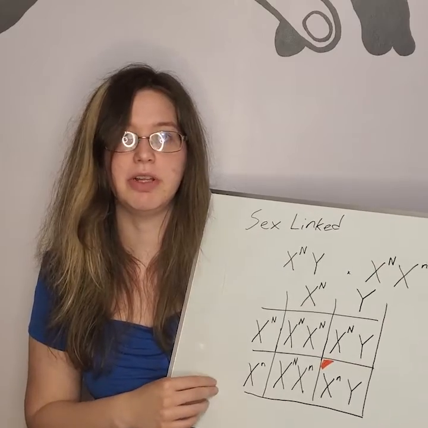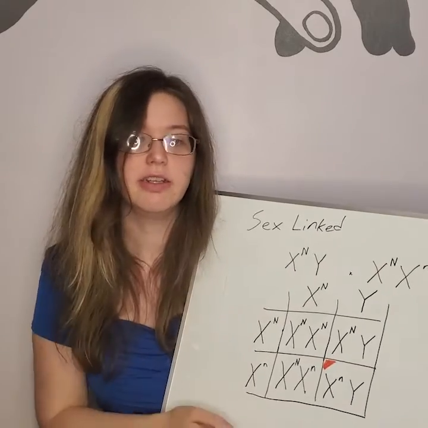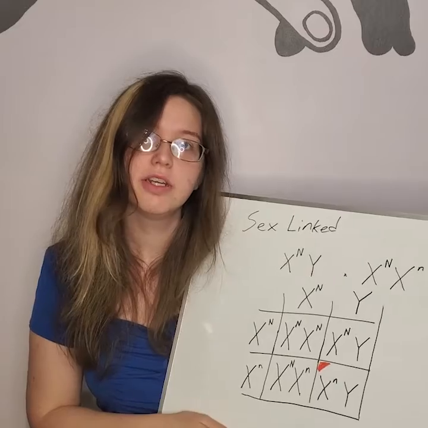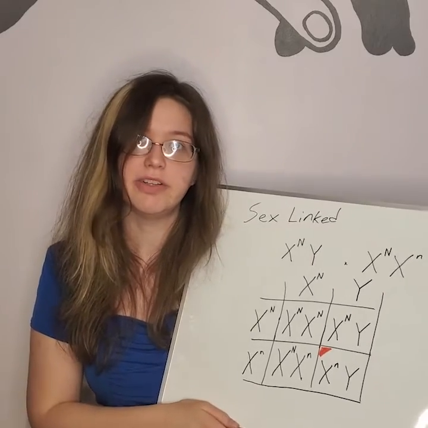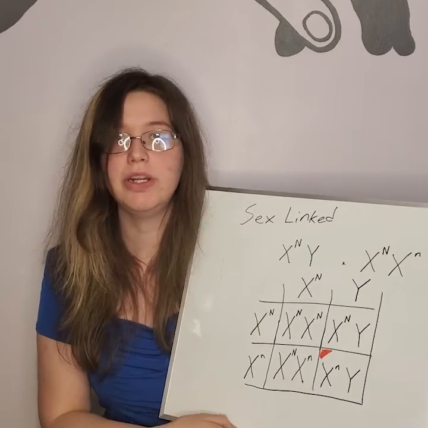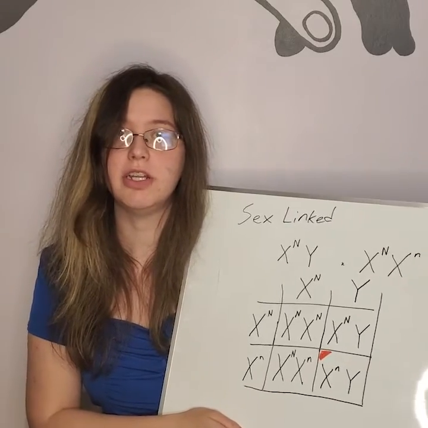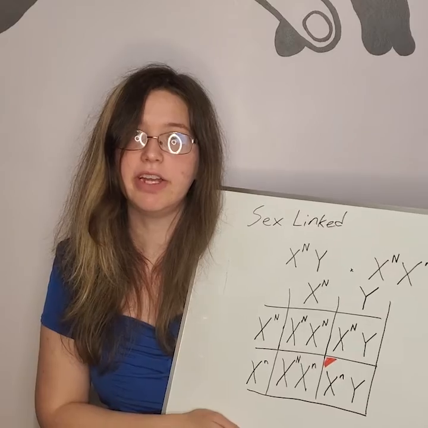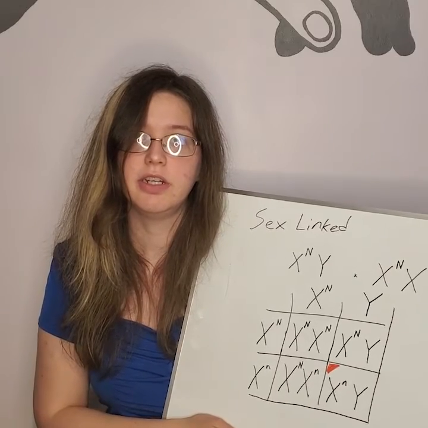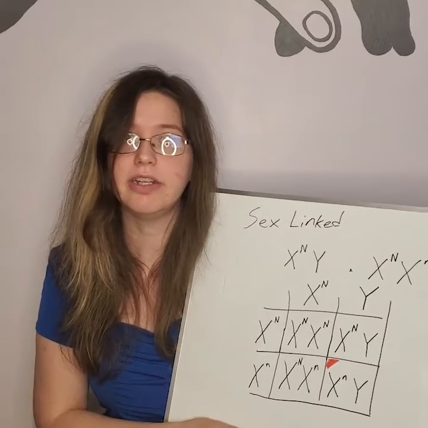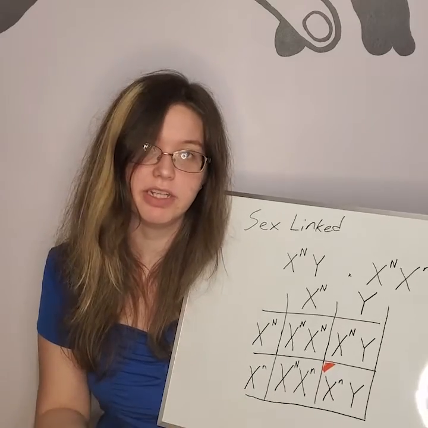So in this example of sex-linked inheritance, with a color blindness example, we are looking at a recessive disorder. So normal vision is the dominant allele, and recessive color blindness is the recessive allele.